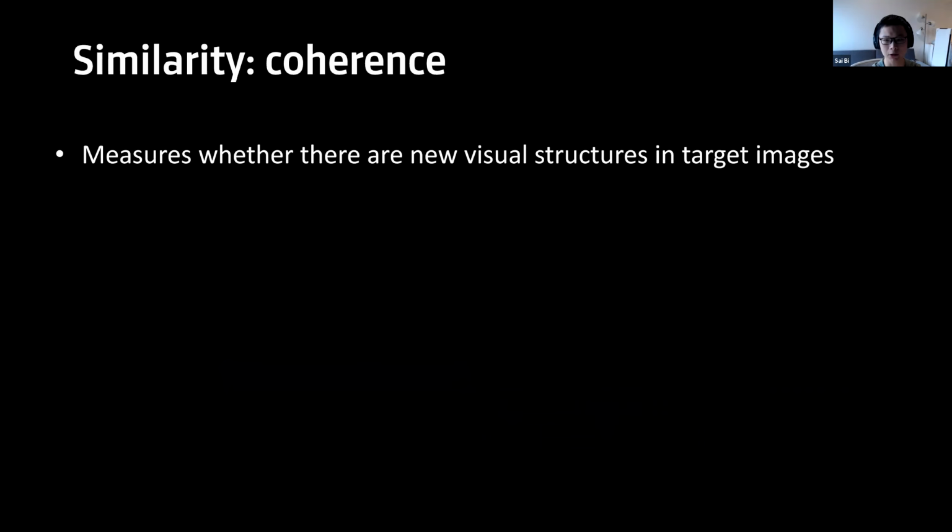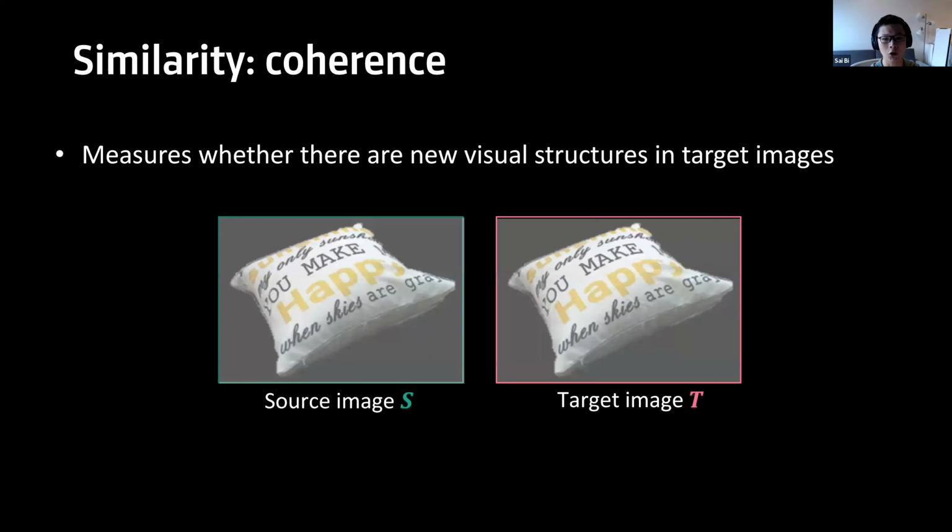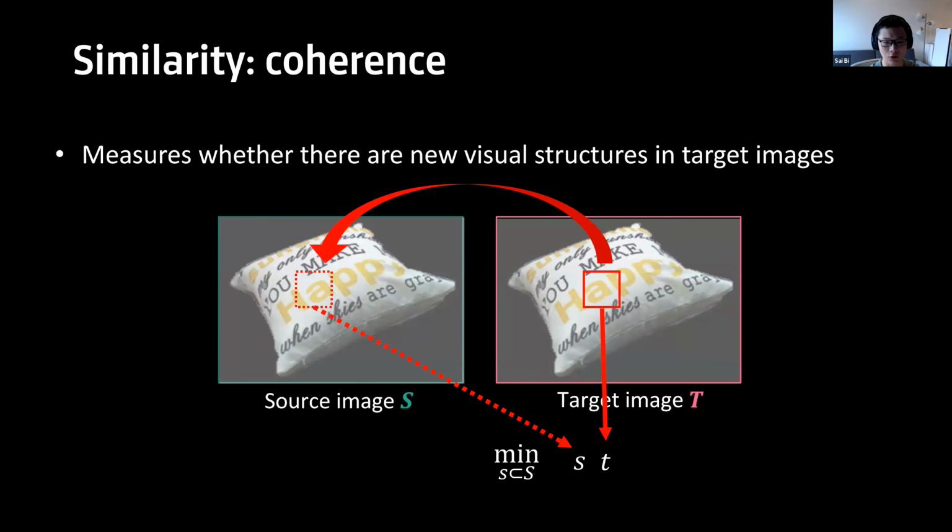Similarly, for the coherence term, we are trying to avoid any new structures or artifacts in the target image. For each patch in the target, we find its most similar patch in the source and define the coherence as the distance between them. This is done for all patches in the target.